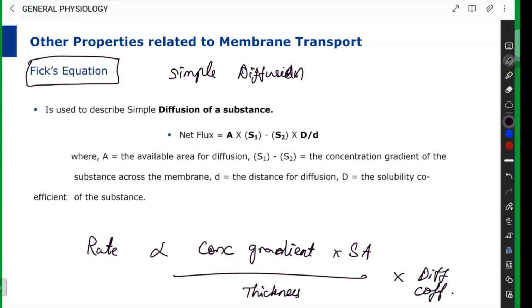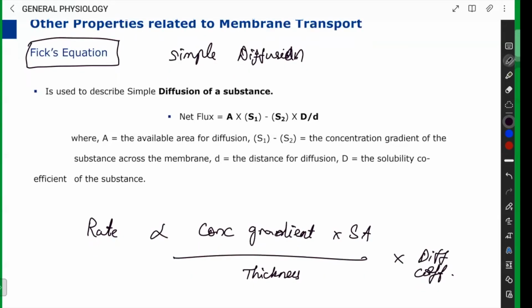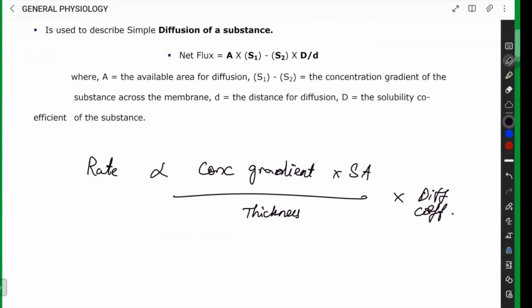So now tell me, what are the determining factors for simple diffusion? Number one, concentration gradient. Number two, thickness of your cell membrane. When there is an increase in the concentration gradient, there is an increase in the rate of diffusion. Whenever there is an increase in the surface area, there is an increase in the rate of diffusion. Whenever there is an increase in the thickness, that causes a decrease in the rate of diffusion.